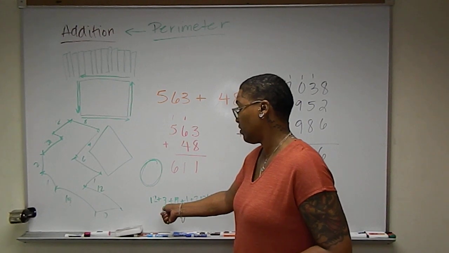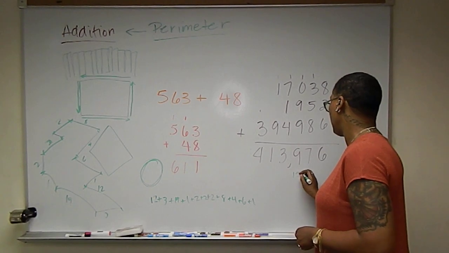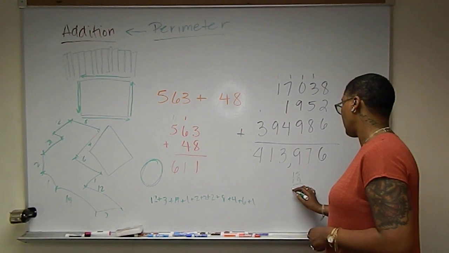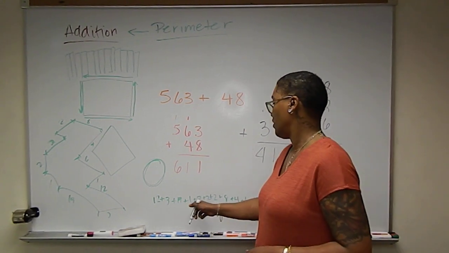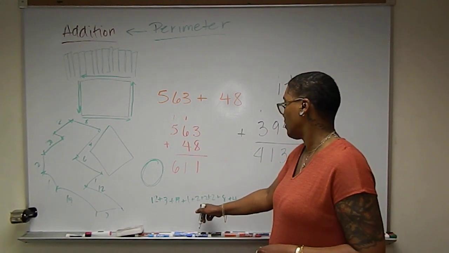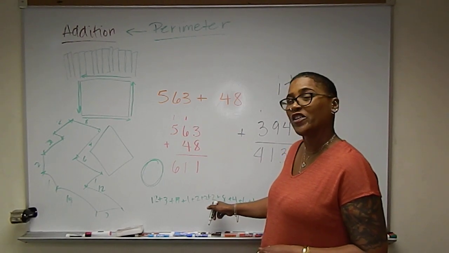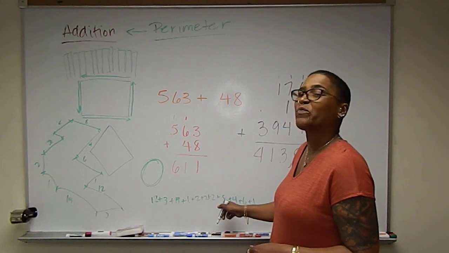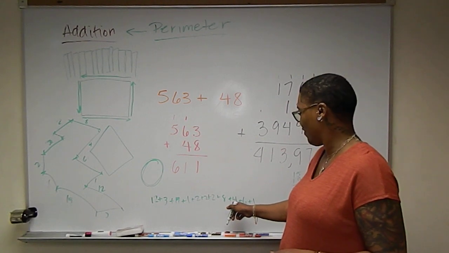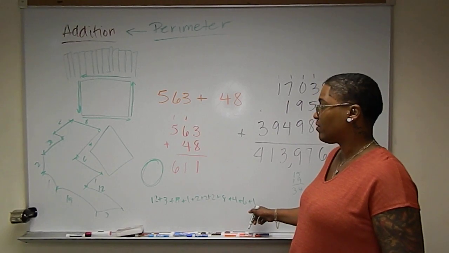12 plus 3, 15, 15 plus 19. I might have to come to the side of my paper and add what 15 plus 19 is. 34 plus 1 makes 35, plus 2 makes 37, plus 2 makes 39, plus 2 makes 41, plus 8 makes 49, plus 4 makes 53, plus 6 makes 59, plus 1 equals 60.